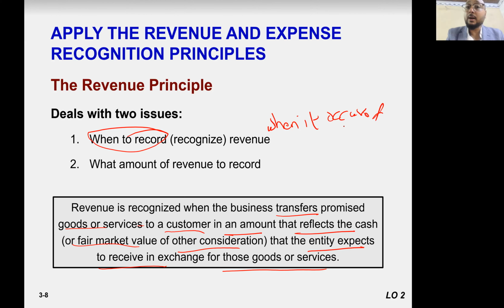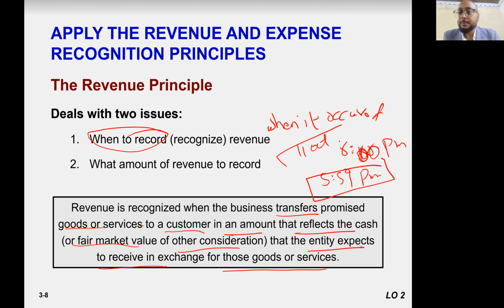So even if it occurred, for example, your company closes at 6 p.m. and you receive the order, but you delivered the goods out of the company premises at 5:59, and this is the 11th of October.